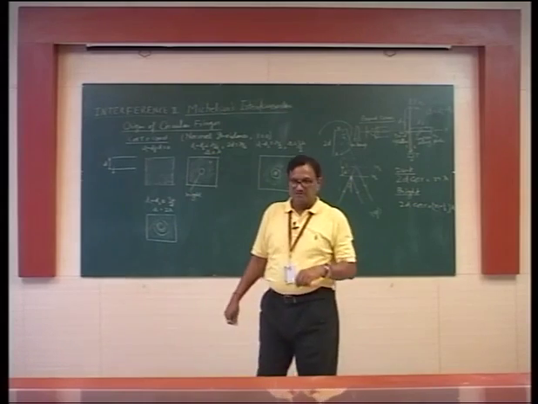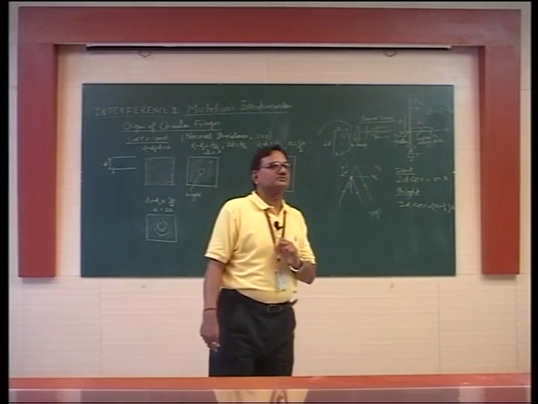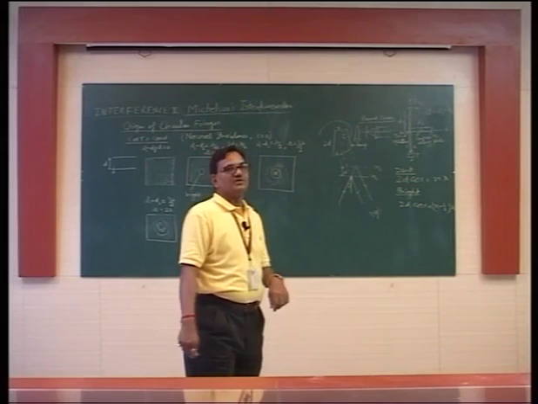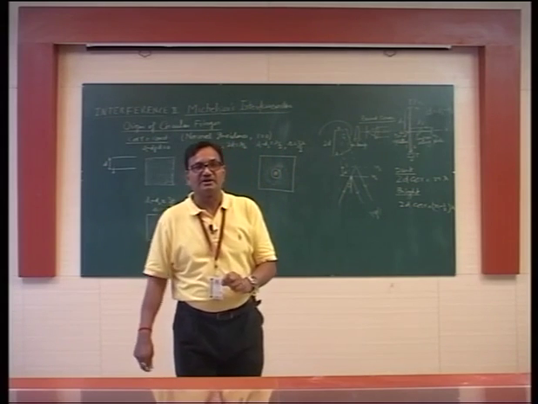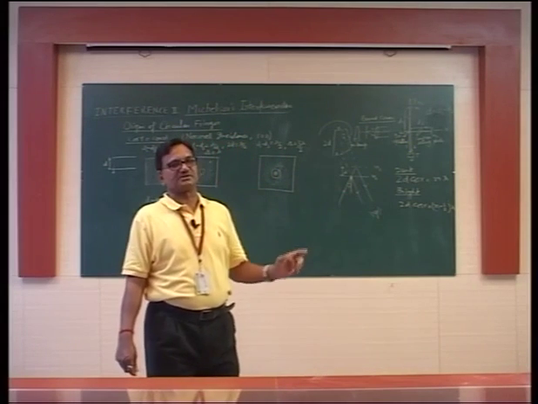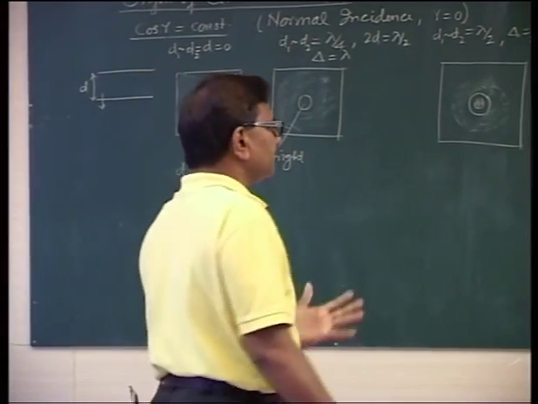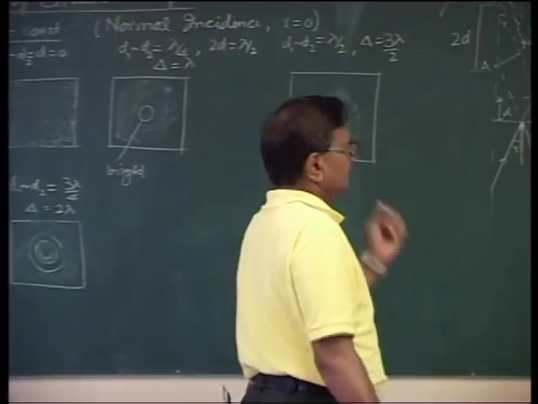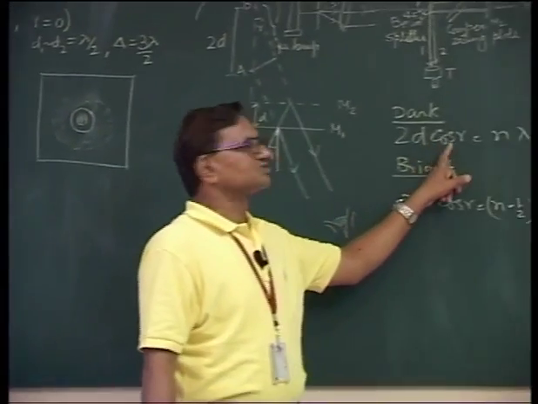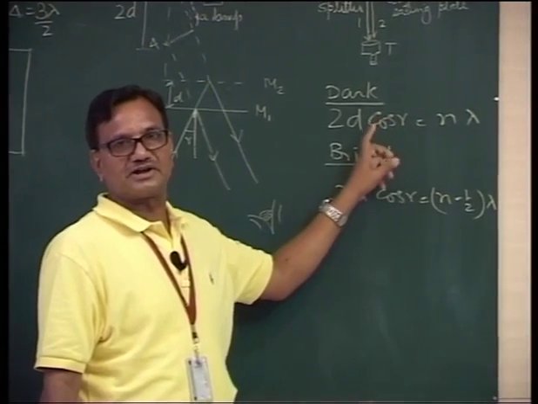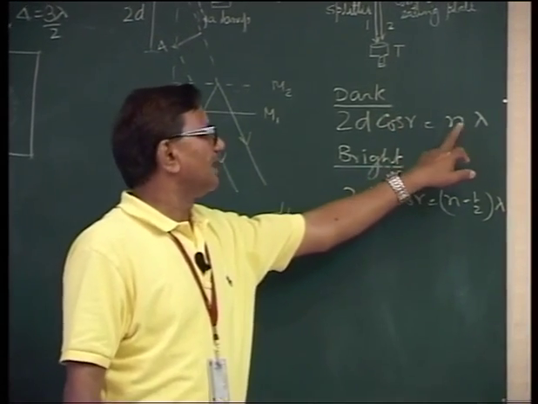Therefore, very interesting to note that the ring at the center will be of the highest order and the ring at the circumference will have the lowest order. I repeat, this is very important. As r increases, cos r decreases. Therefore, n decreases.